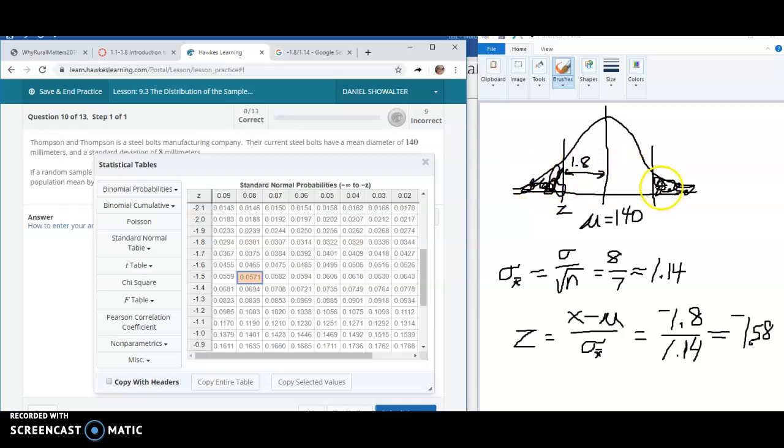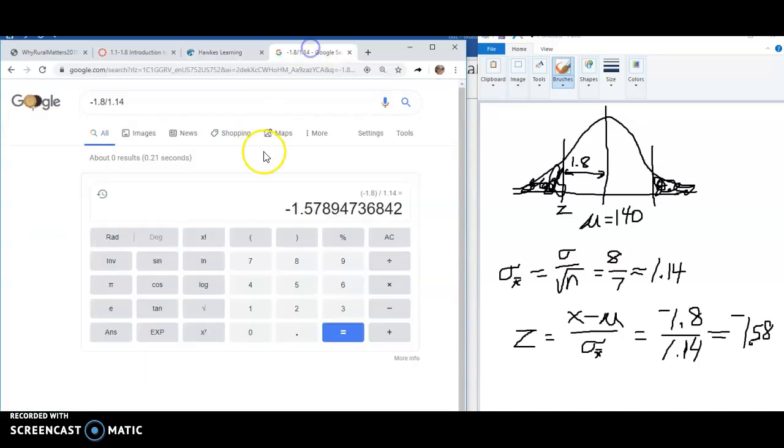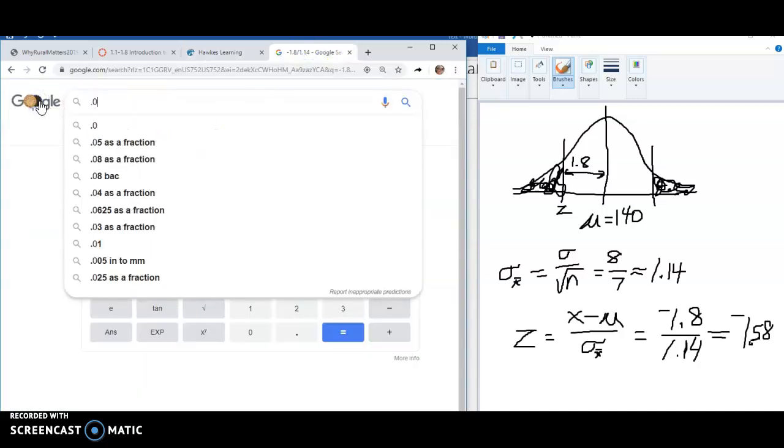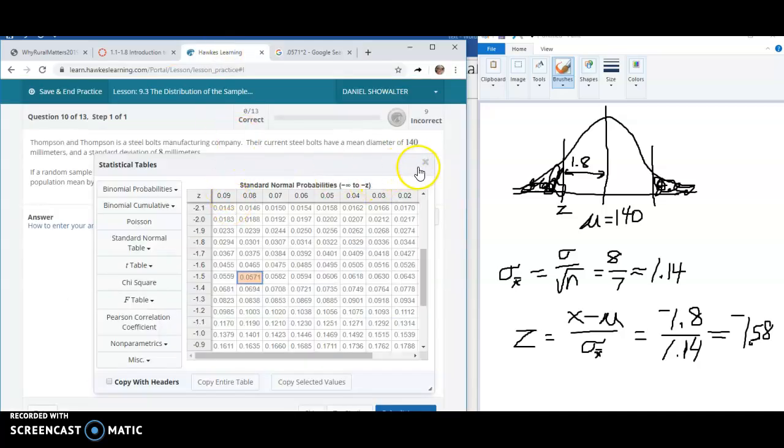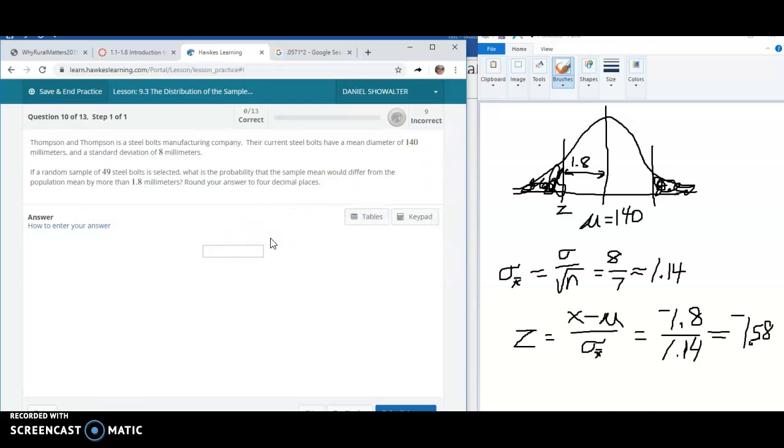But we know it's symmetric. We know that we have to double that. So we're going to take 0.0571 times 2. And that will give us 0.1142, which will be our correct answer there. That's the total portion of the sample means that would be more than 1.8 millimeters away from that population mean there.